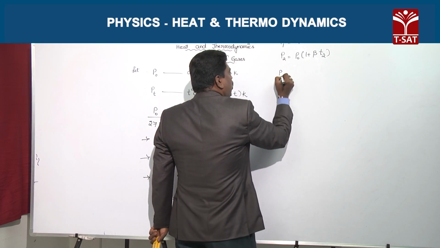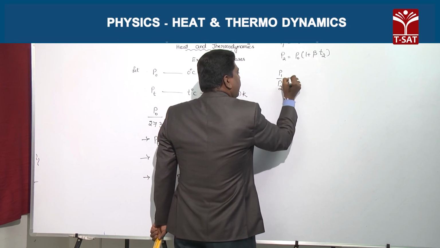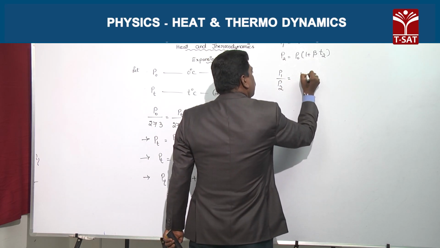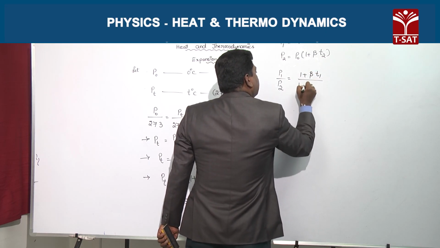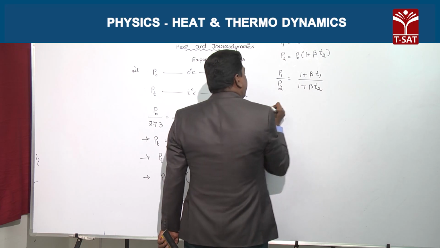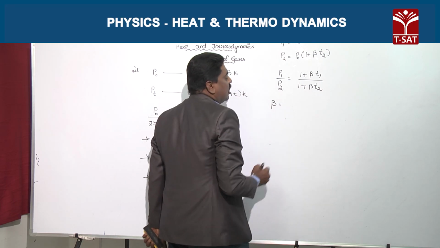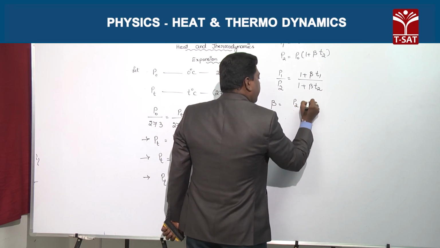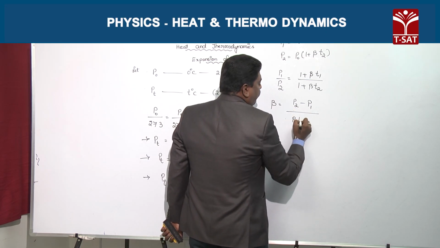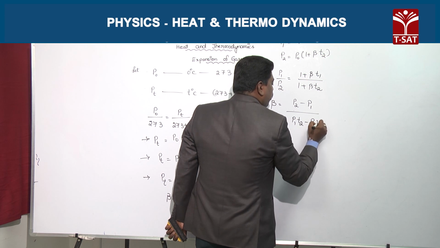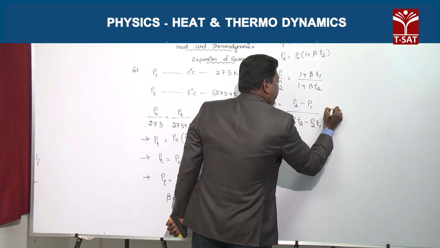Dividing one by the other, we get P1 by P2 is equal to 1 plus beta T1 by 1 plus beta T2, from which beta is equal to P2 minus P1 by P1 T2 minus P2 T1 per degree Celsius.